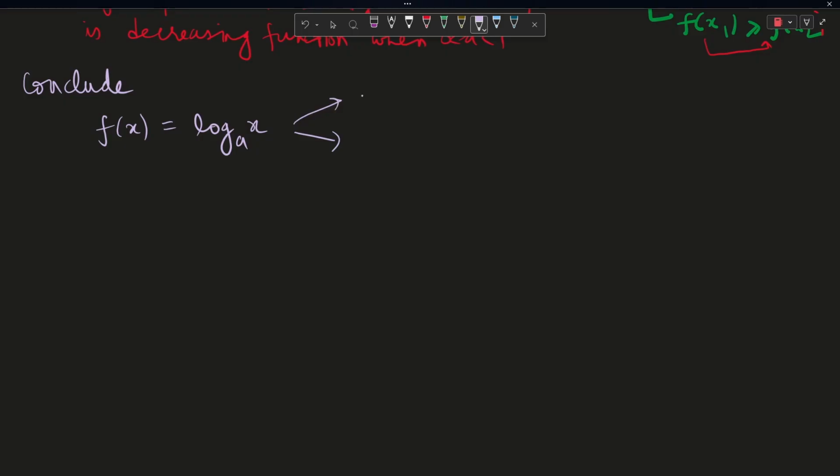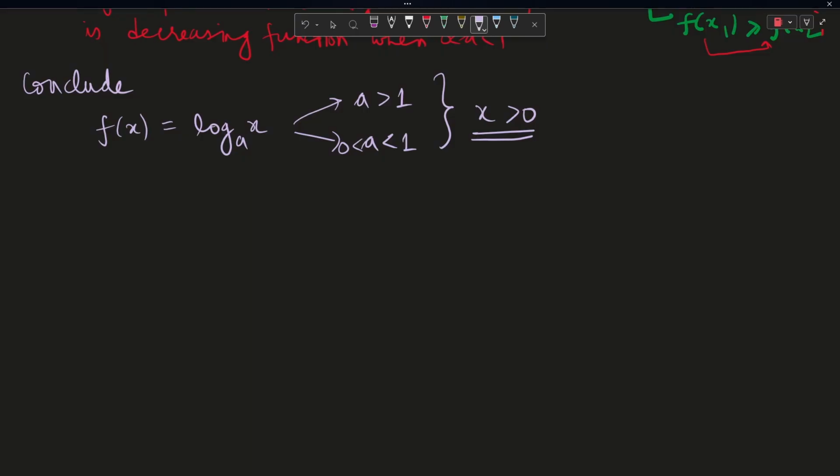Firstly, when a is greater than 1, and secondly, when a is less than 1 and greater than 0, right? And x must always be greater than 0. There might not be any condition where x is not greater than 0. That is the domain of x.